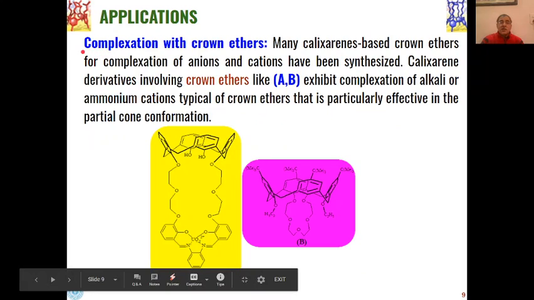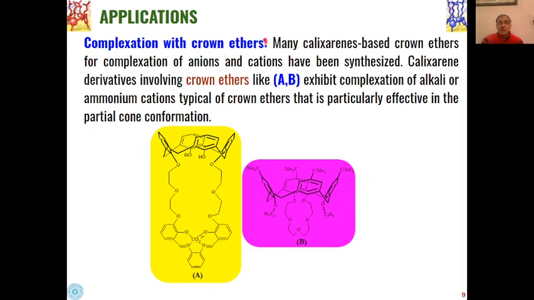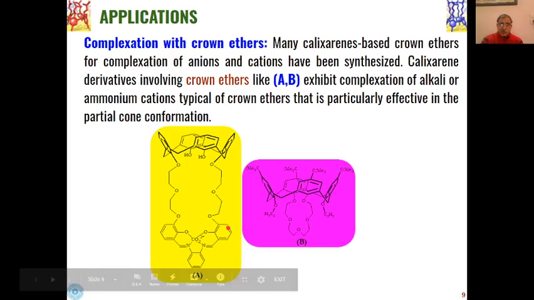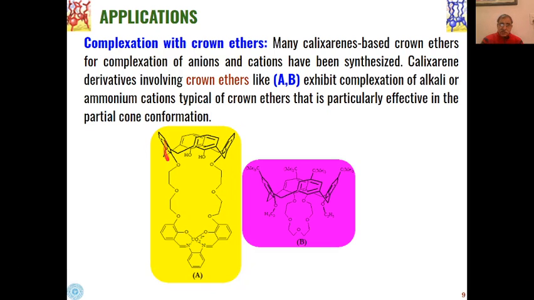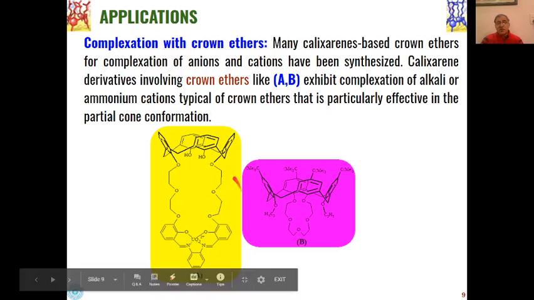Then calixarenes can also undergo complexation with crown ethers. So for example, calixarenes can combine with these types of crown ethers to have stable complexes which can be used to detect uranium in different types of compounds or nuclear waste.